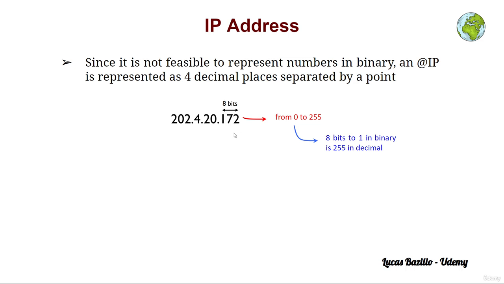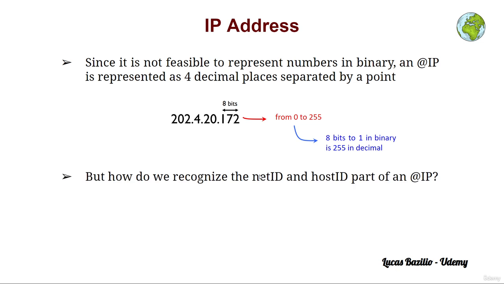In fact, this is the value here in binary with 8 bits. For instance, if we have all ones in the 8 bits, this is the number 255 in decimal.